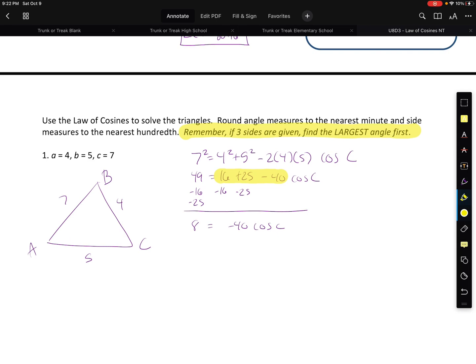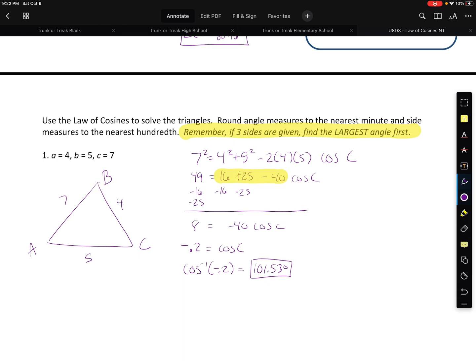Because 40 is being multiplied to cos C. With PEMDAS rules, we can't combine that with the 16 and 25 because it's not done being multiplied. So if we divide by negative 40, we get negative 0.2 equals cos C. Inverse cosine of negative 0.2 gives us 101.53 degrees.